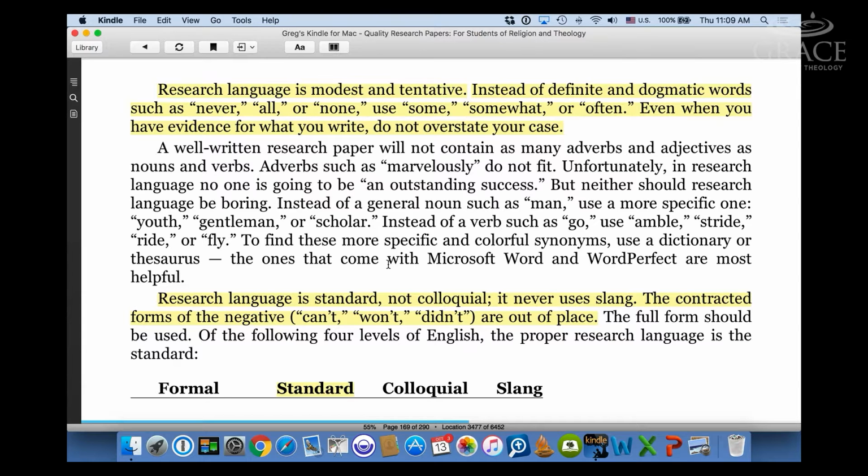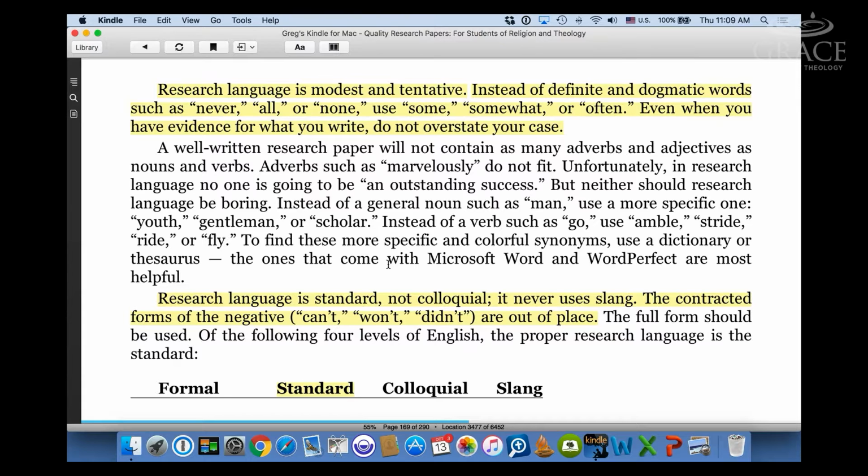Because when you start using never, always, something like that, then you're starting to get a little dogmatic. And the right answer may truly be never or always, but that puts the reader on the defensive.